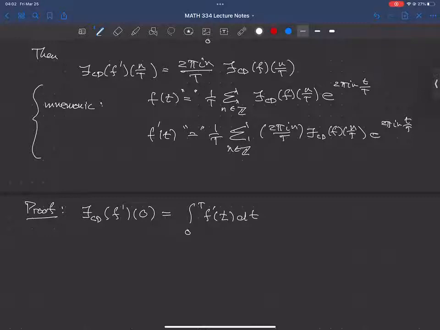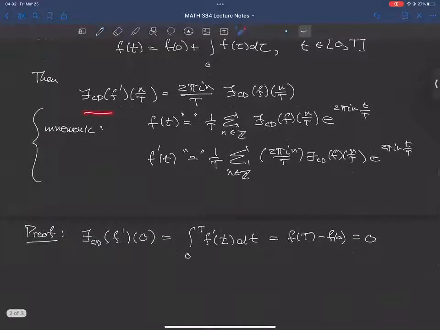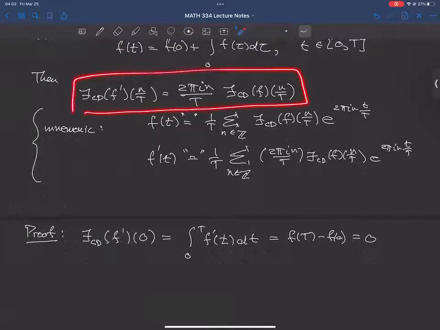Now you can integrate this quite easily. So this is f of T minus f of 0. Now we're going to use the fact that f is periodic, and we conclude that this is equal to 0, and so that's the right formula in the case of n equals 0.